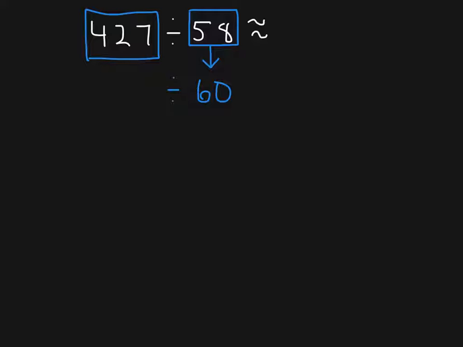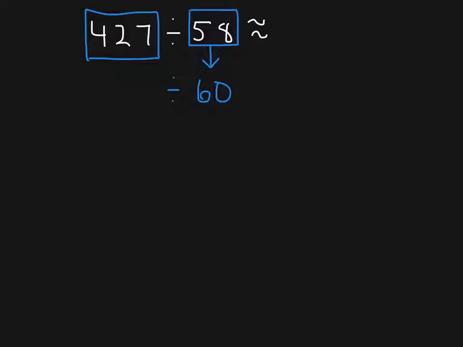Because I have a 6 times 10 over here for my rounded divisor. Now, we've been practicing with the multiplication. We rounded to the greatest place. And 427 rounded to the greatest place, of course, is going to be 400.